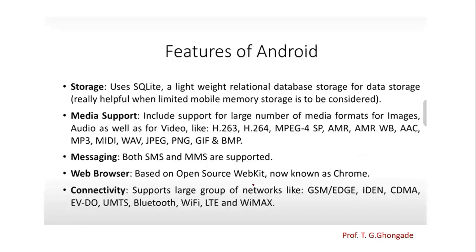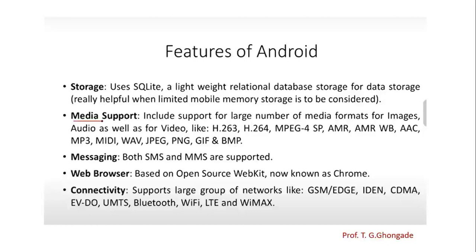Then next is the features of Android. Now what are the features of Android? The first one is storage. For the database, it uses SQLite. Then what is SQLite? SQLite is a lightweight relational database for data storage. It is really helpful when limited mobile memory storage is to be considered. Then the second feature of Android is media support.